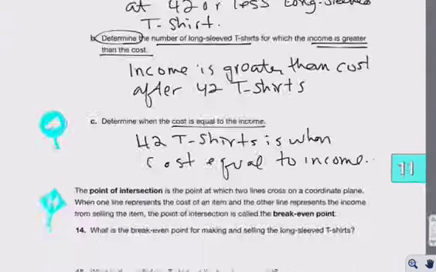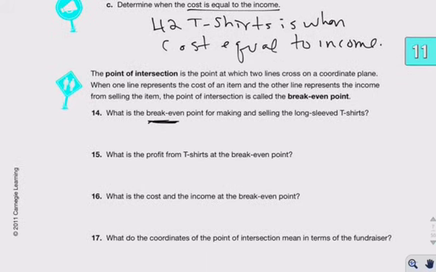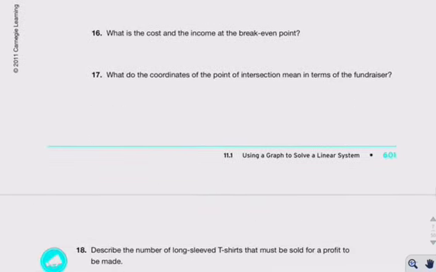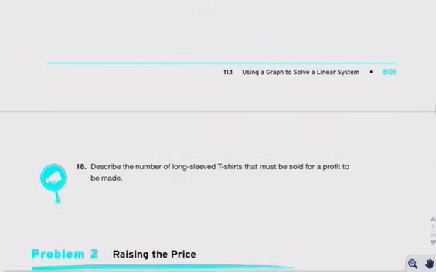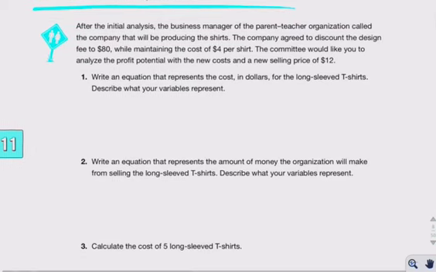Okay? And that's all I wanted you to do. That's called the break-even point. I'll go over these tomorrow. Anyways. Problem 2. I'll stop and upload problem 1.